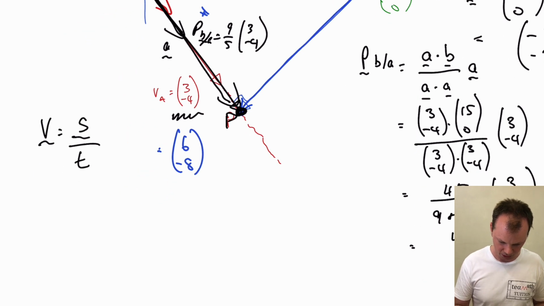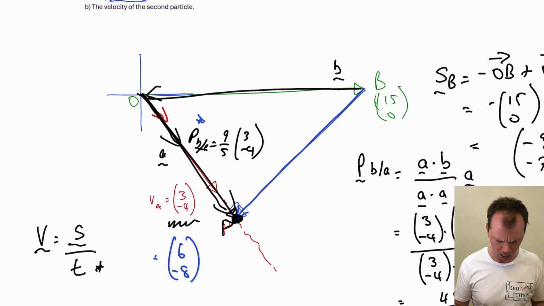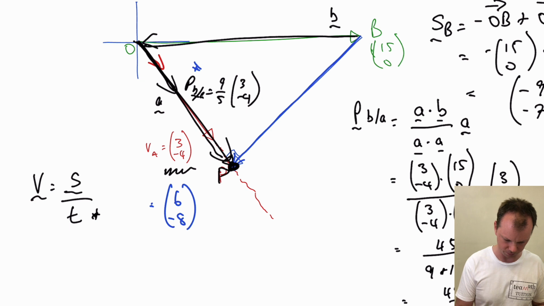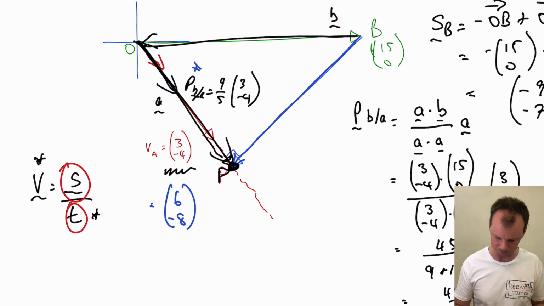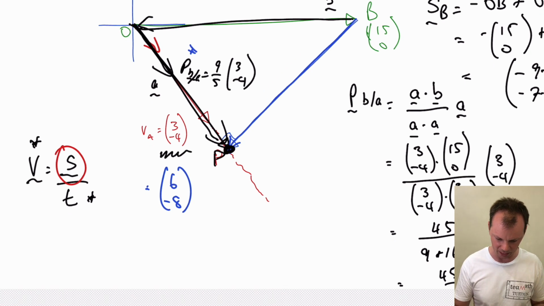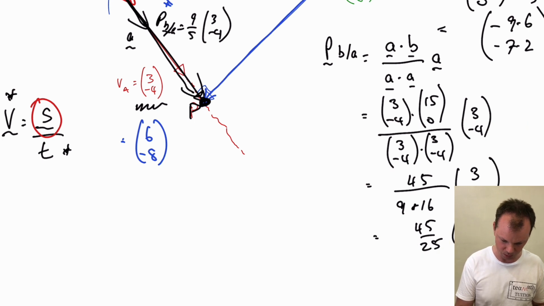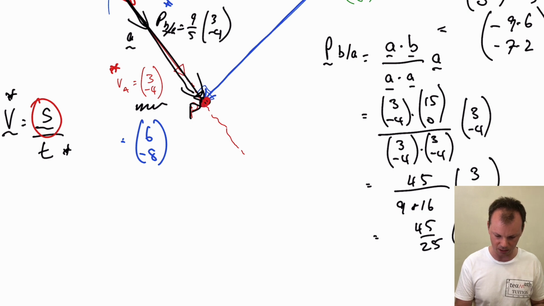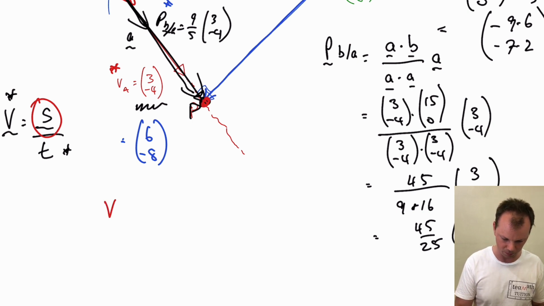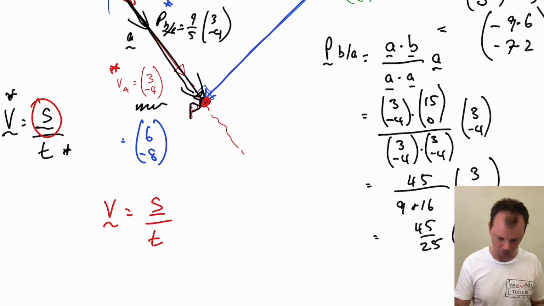We need to work out the time that they're meeting. Okay, so are we? No, we need to work out the velocity. We've got the displacement already. We need to work out the time of the meeting. So for this one, we know how fast it's going, and we know the displacement that it's going, so we can work out the time. V equals the displacement over the time.